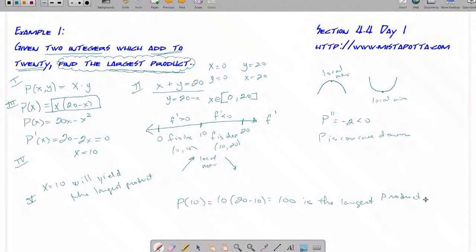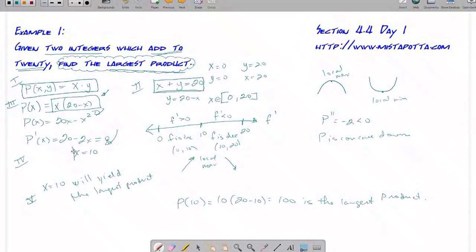So, again, I'm going through a pattern here. This is a very set procedure that's going to help me to solve these optimization problems. First, I have to ask myself, what was it that I was trying to optimize? And this is what I was trying to optimize, the product of two numbers. The second thing I have to ask is, what is my restriction? My restriction was those numbers had to add up to 20. The third thing that I did is I had to get this in terms of one variable so that I could find critical points.